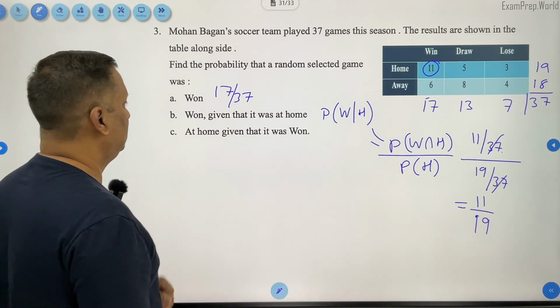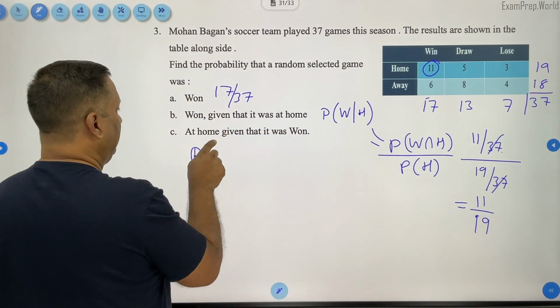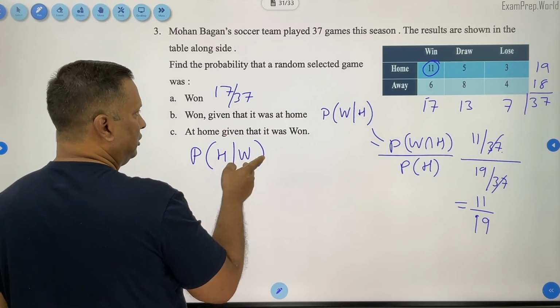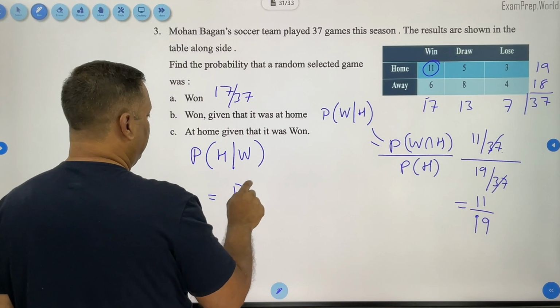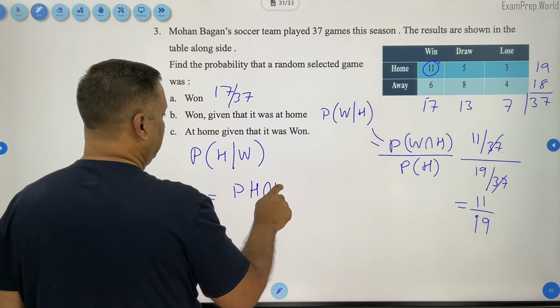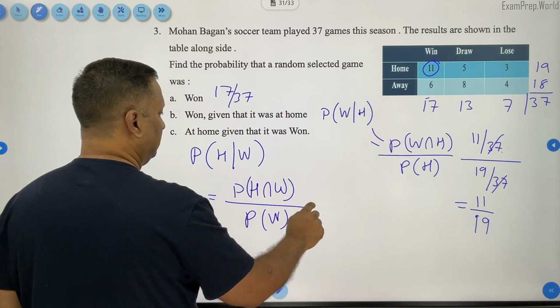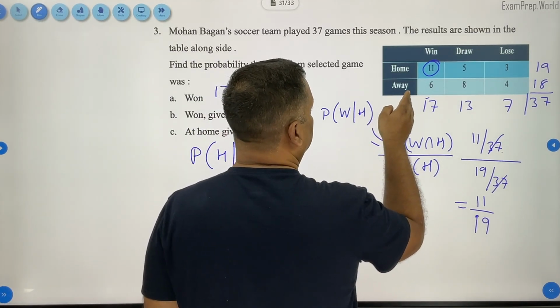Now what about this? Was at home, given that it was won. So that is probability of home given that it was won. See, W and H interchange. So it is probability of H intersection W divided by probability of win. What is home and win?